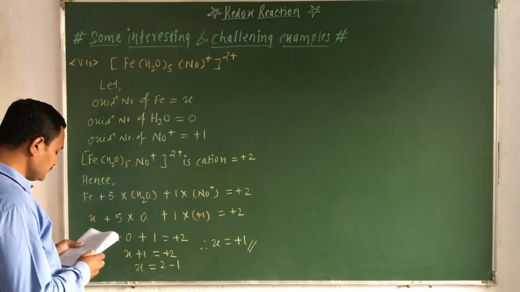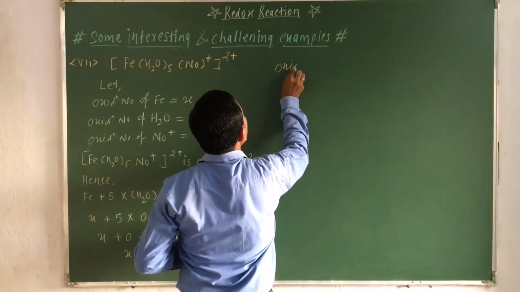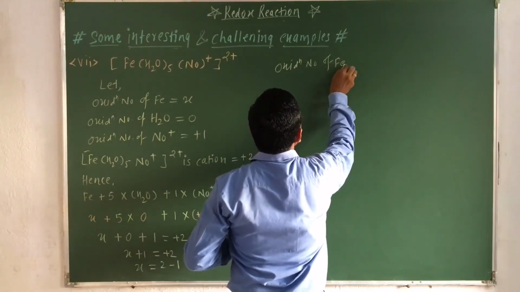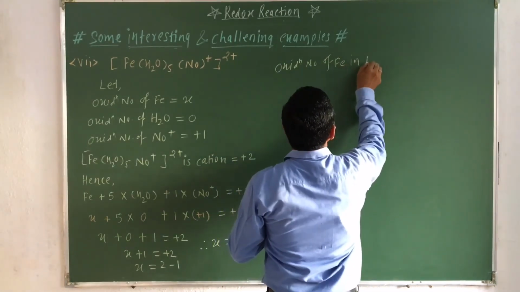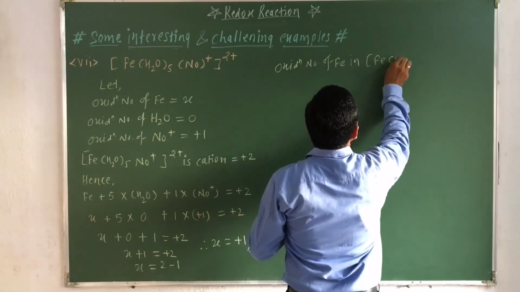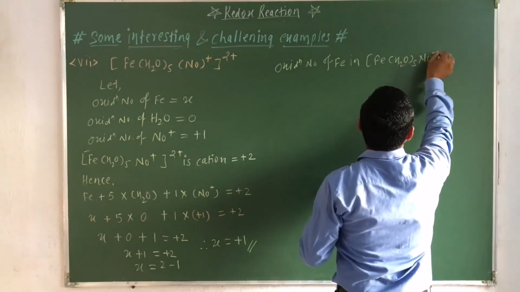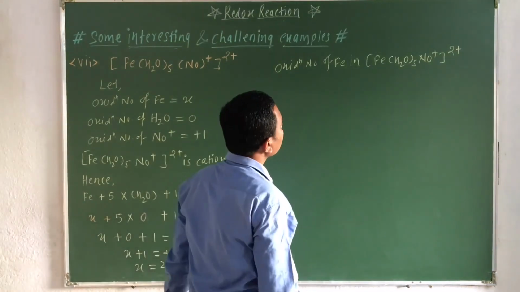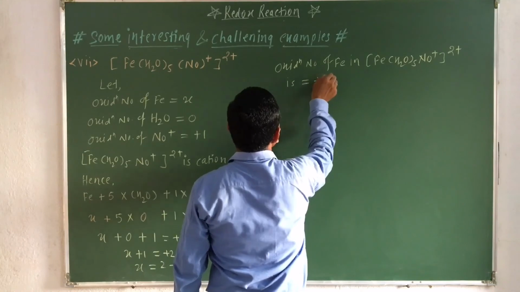So you can write down the statement: the oxidation number of Fe in [Fe(H2O)5 NO]2+ is equal to plus 1.